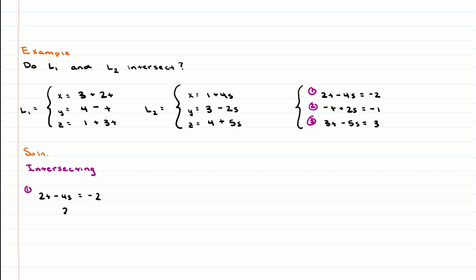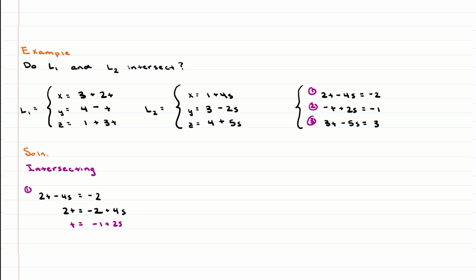We'll solve for t, so let's add 4s to both sides. And then we'll divide 2 on both sides to get t equals negative 2 plus 4s over 2. And then we'll factor out 2 from the numerator and the denominator. And that'll give us negative 1 plus 2s in the numerator and 1 in the denominator, which we can really just get rid of altogether.